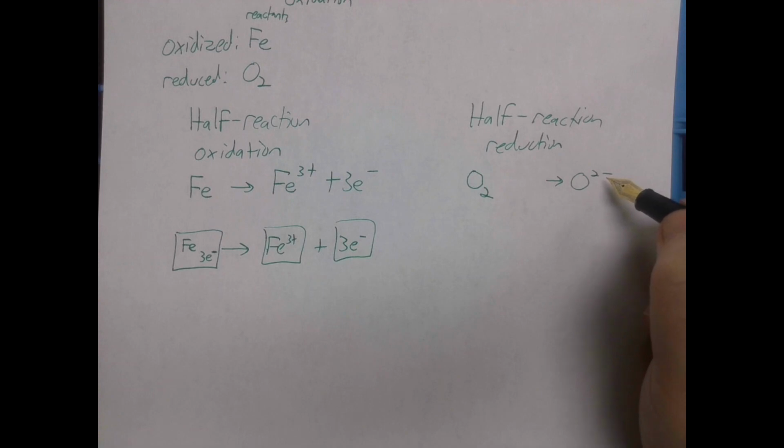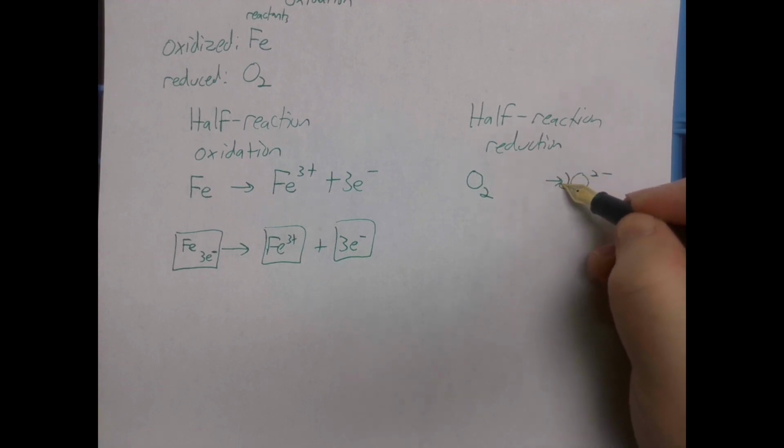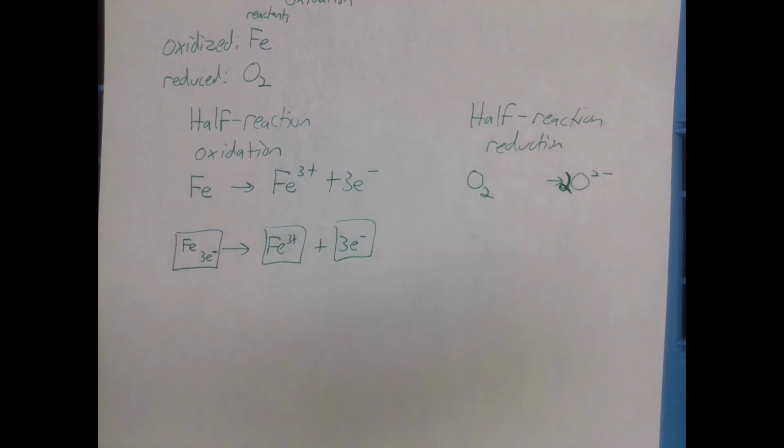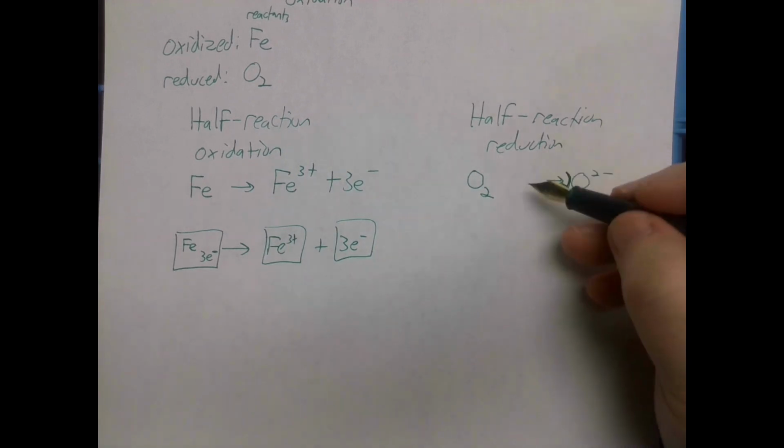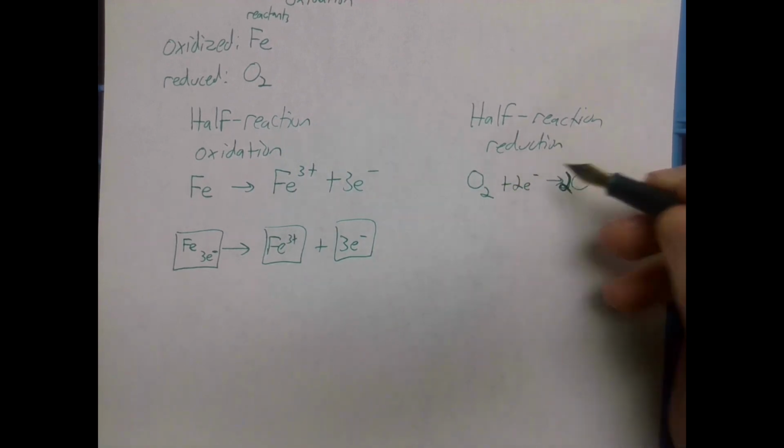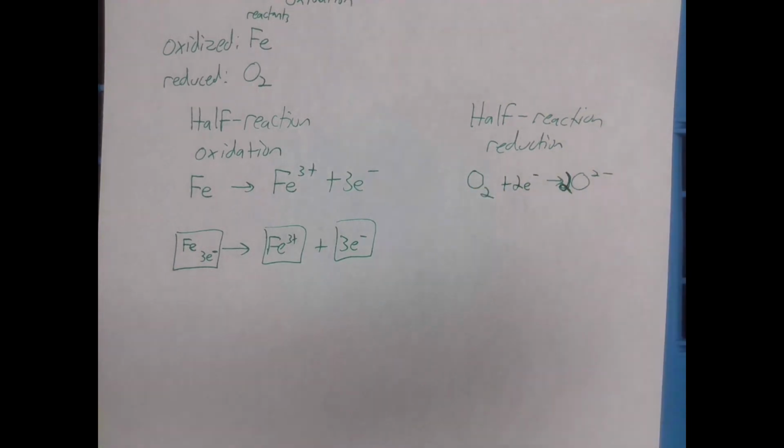You need to balance it by putting a 2 here. It's going to be gaining 2 electrons. It's getting these 2 electrons, making it have a 2 negative charge. So we put it on the left-hand side.